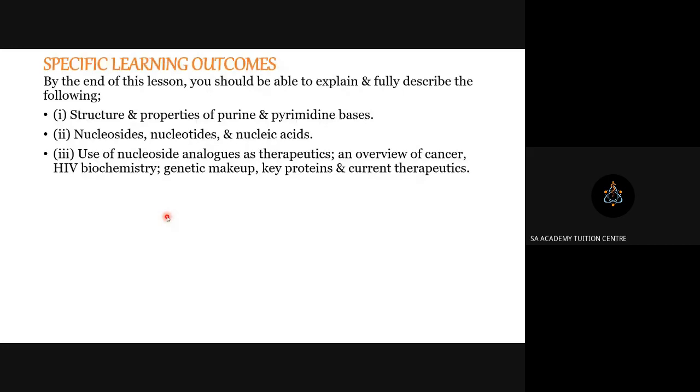We should also have an overview of cancer, how cancer comes about, the mutations that happen on the level of the nitrogenous bases, and also HIV biochemistry. HIV biochemistry will basically talk about the enzyme reverse transcriptase, and other enzymes, DNA polymerase, and inhibitors.